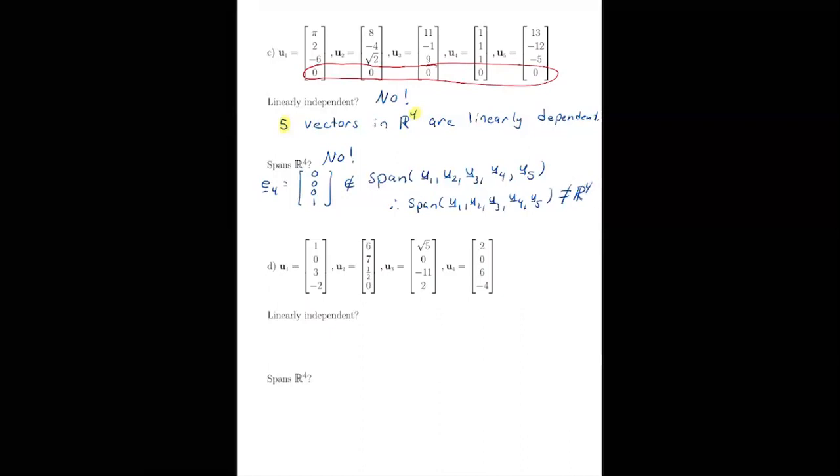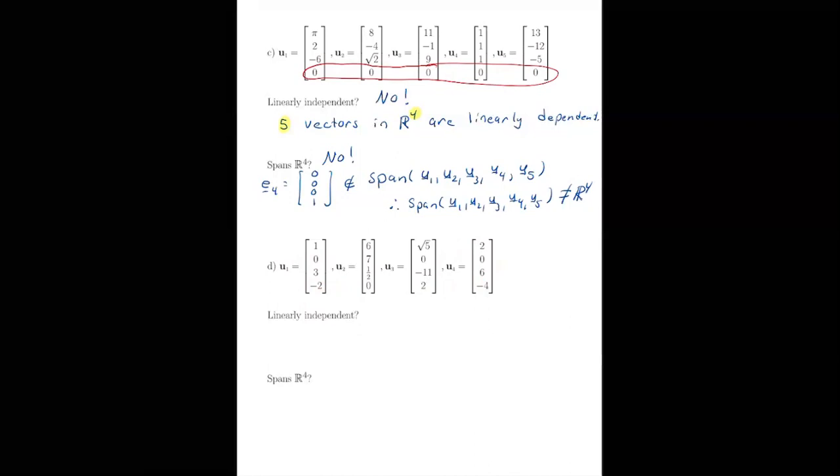But what we're going to notice here, if we look at these vectors carefully, is that u4 is actually 2 times u1. And so this actually tells us that this vector is a linear combination, certainly of this one, but it's actually a linear combination of all 3 because we can use 0 as the coefficient.